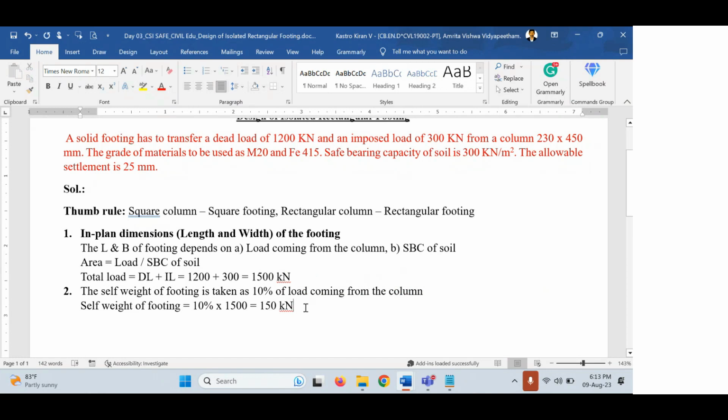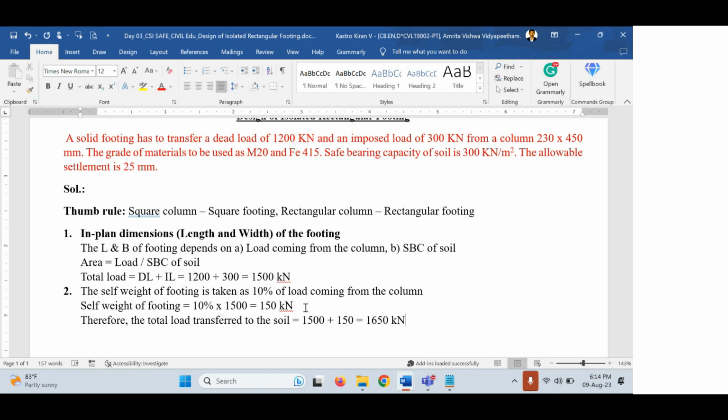So on the whole, the total load transferred to the soil equals the 1500 kilonewtons, which is a combination of dead load and live load, plus the self weight of the footing, which is 150 kilonewtons. That equals 1650 kilonewtons. So this is the total load that is coming onto the soil.